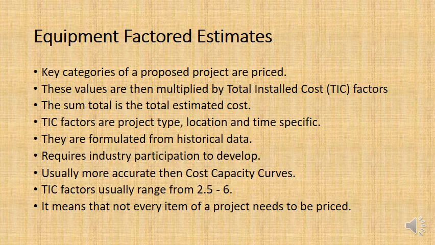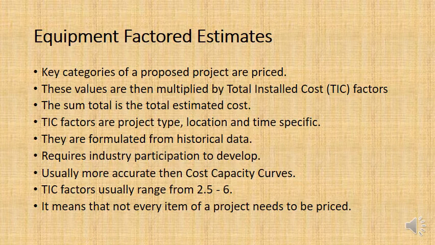Now these factors are total installed cost factors, or TIC factors. These TIC factors are developed and formulated from historical data, and they need to be very particular. They are only for certain project types or locations, or they're time specific.